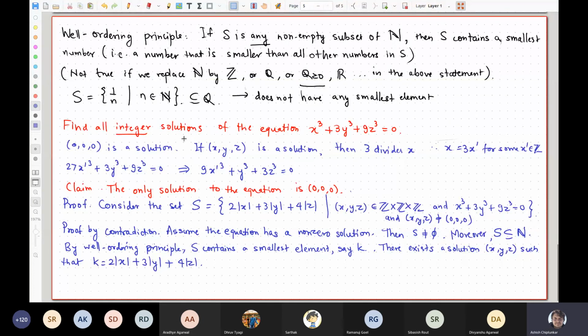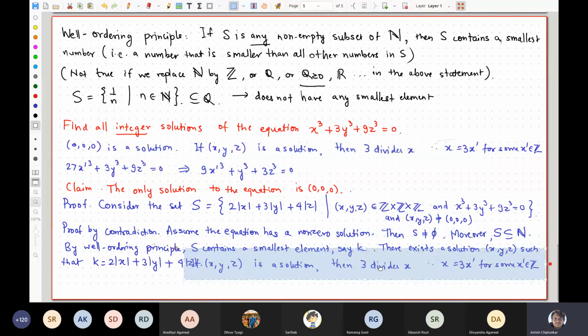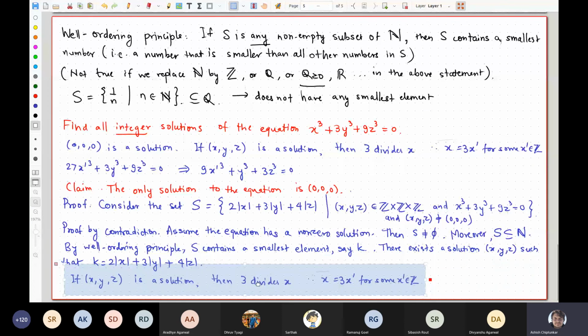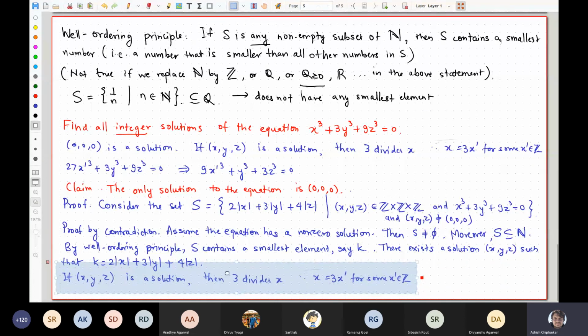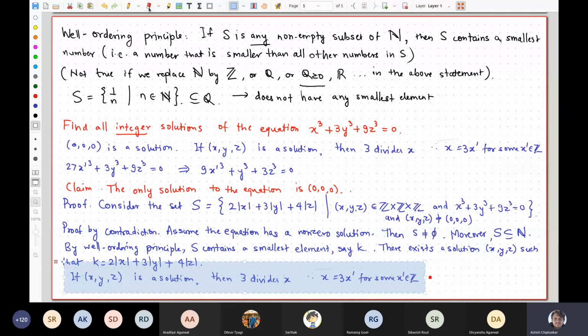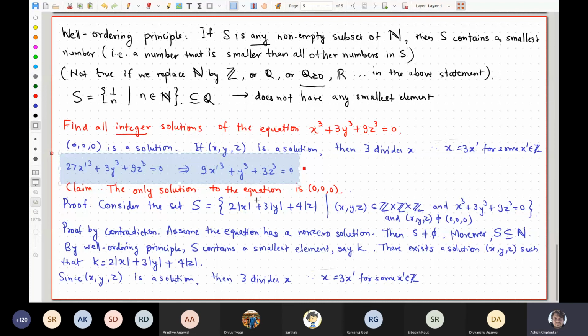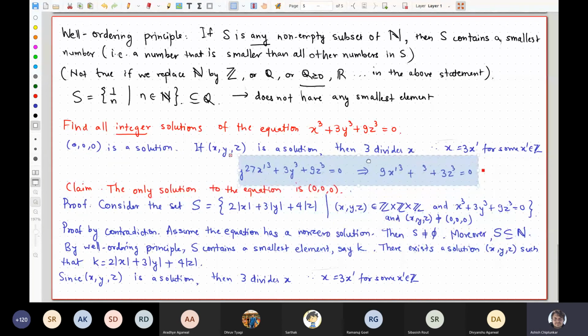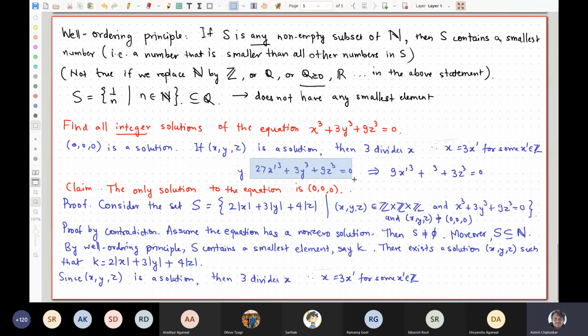So since x, y, z is a solution, 3 divides x, x is equal to 3x prime. All this happens. So therefore, this happens. Ooh, this is a problem. Right. So therefore, this happens.